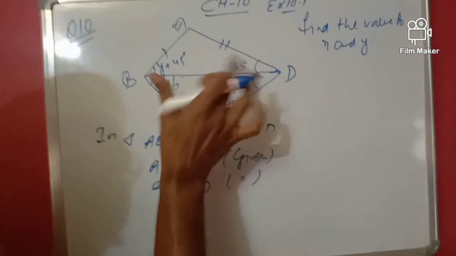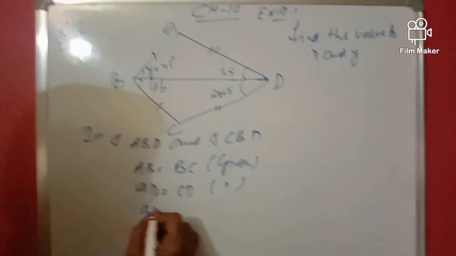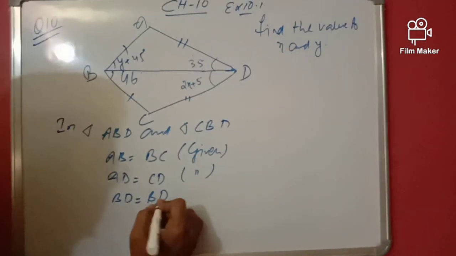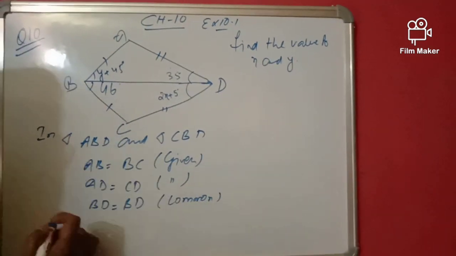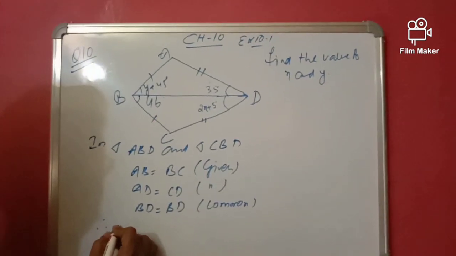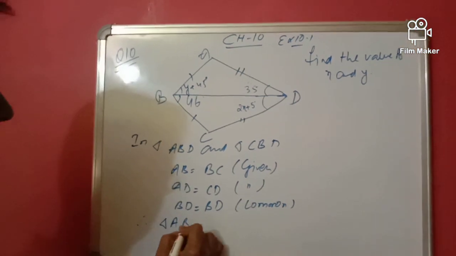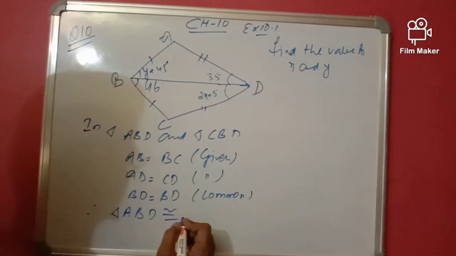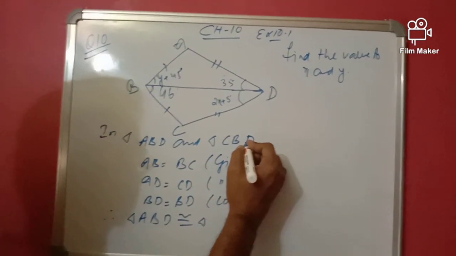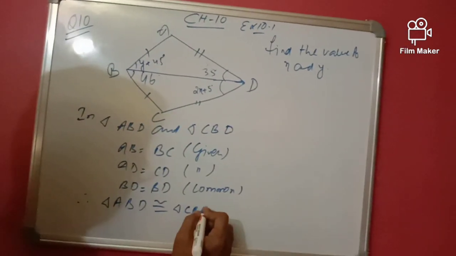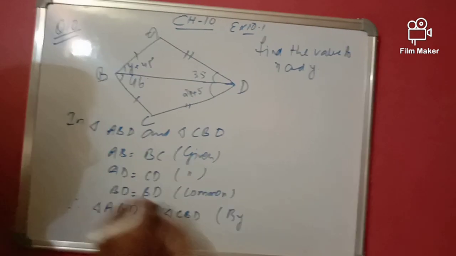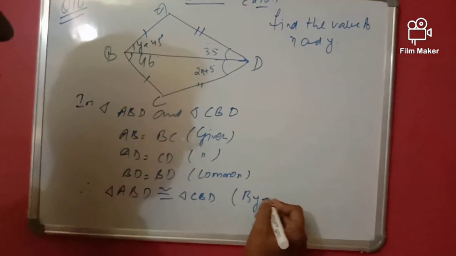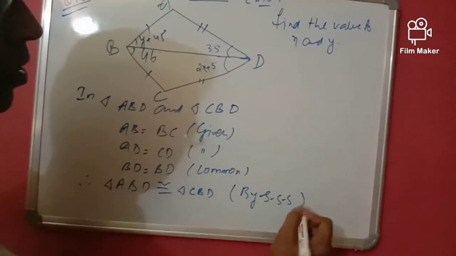According to the figure, this is common. So according to the condition, triangle ABD and triangle CBD are congruent by side axiom, means SSS axiom.